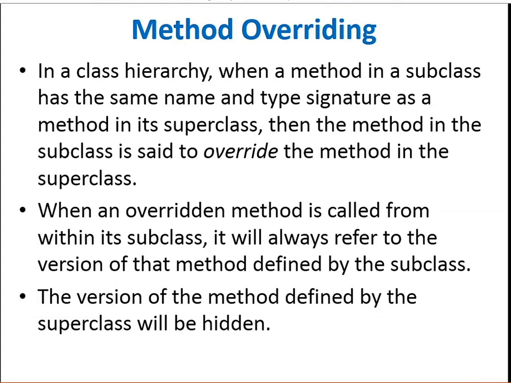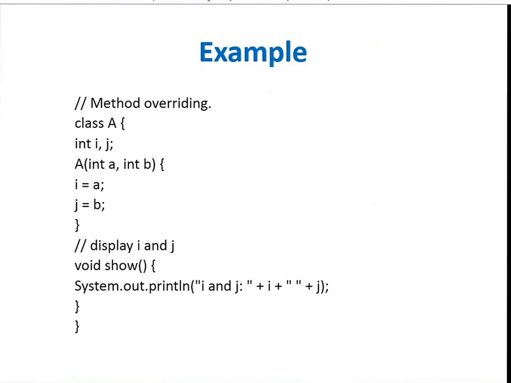In simple words, if the name of the method and the signature, which means the parameters, are the same in a parent class as well as a child class, then the subclass method is called the overridden method. When an overridden method is called from within its subclass, it will always refer to the version of that method defined by the subclass. The version of the method defined by the superclass will be hidden, or overridden, by the subclass method.